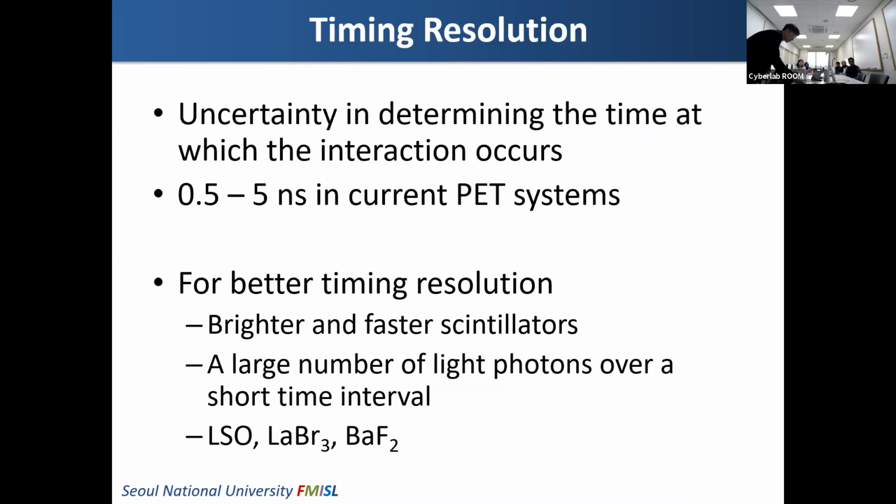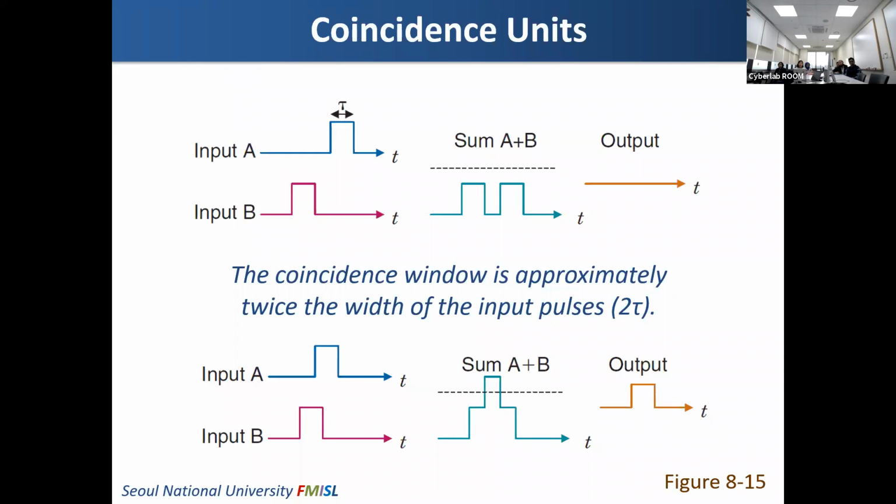So this is the major principle of a coincidence event. Timing resolution of the PET is very important. If you have very accurate PET detectors, PET systems in terms of timing, you will have better image quality. And if you have PET scanners with worse timing resolution, it will cause problems. As I told you, we should determine whether this and this are a coincidence event.